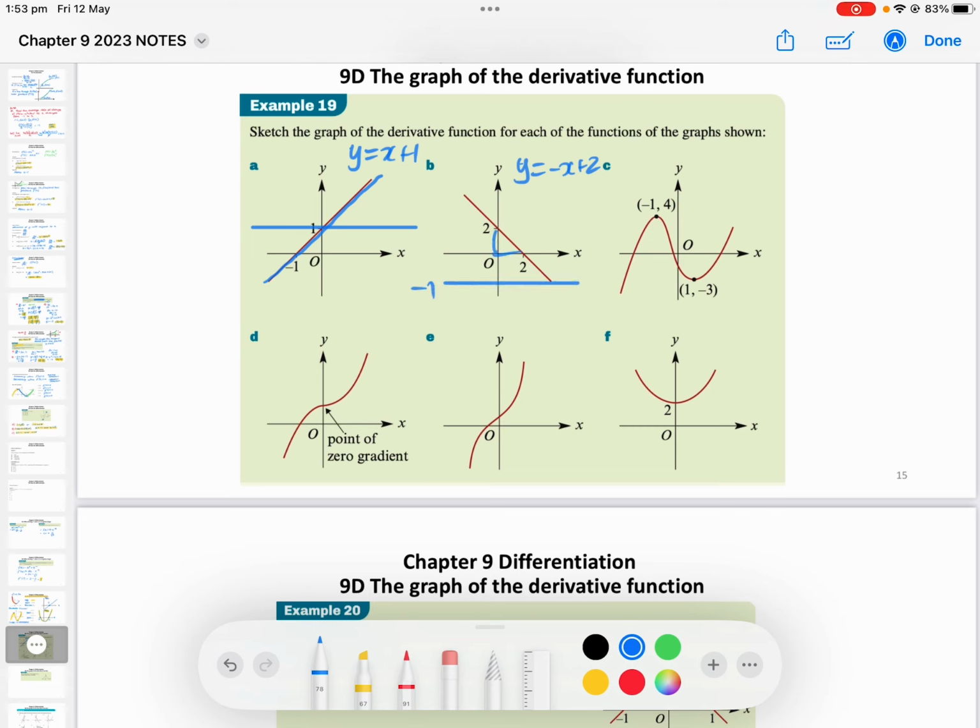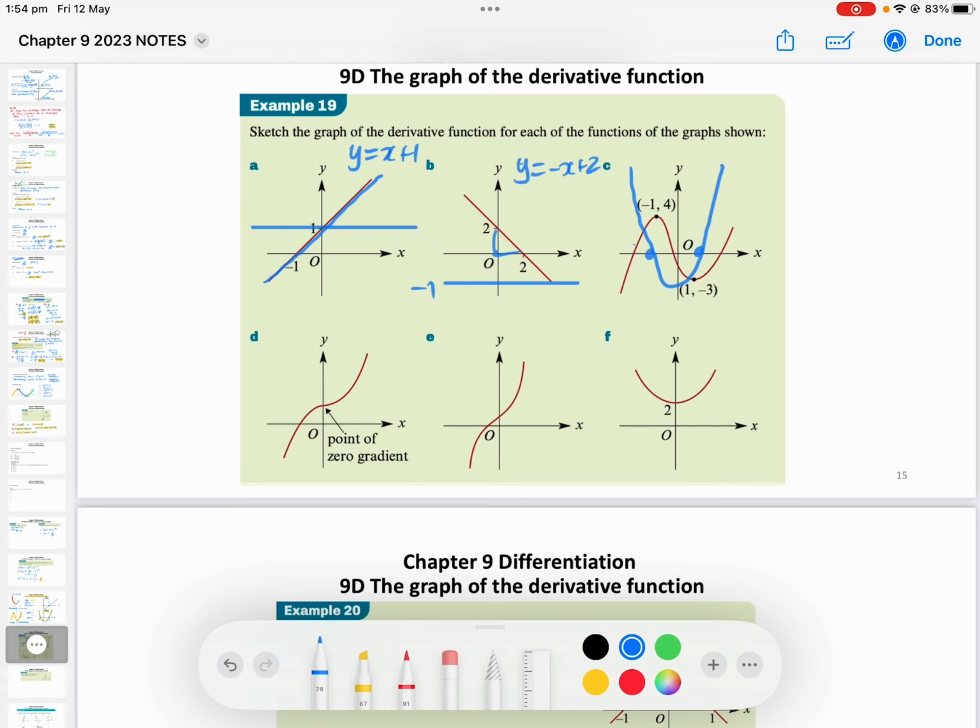Rise over run. This one here, we know our cubic goes to a quadratic. Gradient is 0 at the turning points. It started off positive, negative, and then positive again. And then they get a little bit more tricky. Sometimes you just got to make it up a bit. Usually the ones on exams, I've got some examples later, you can see the sort of graphs you get to do.